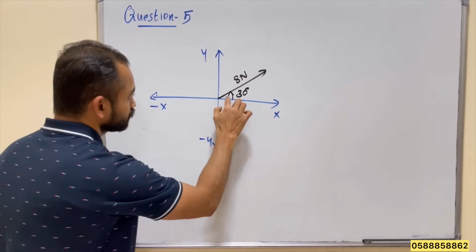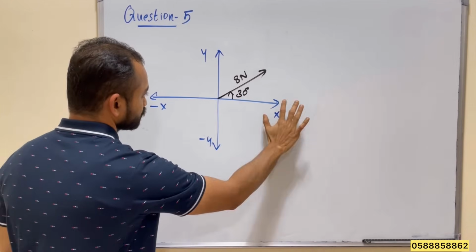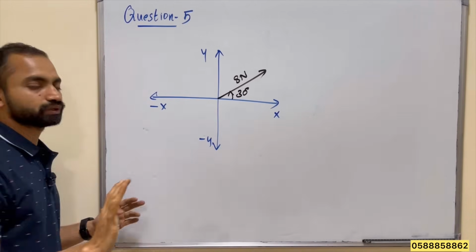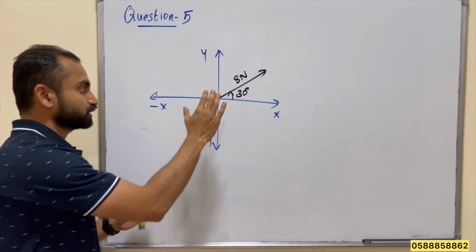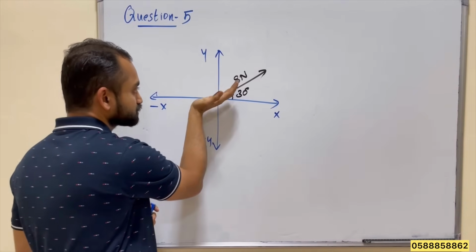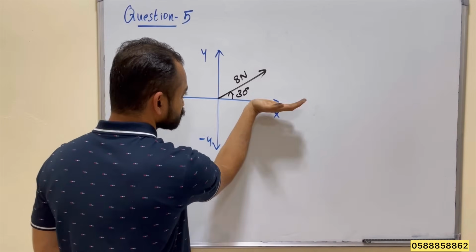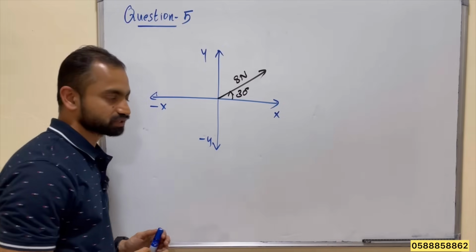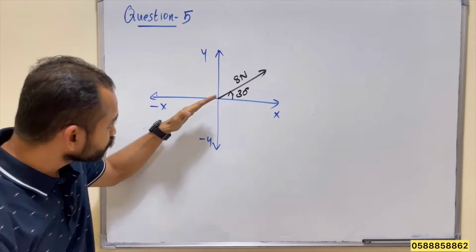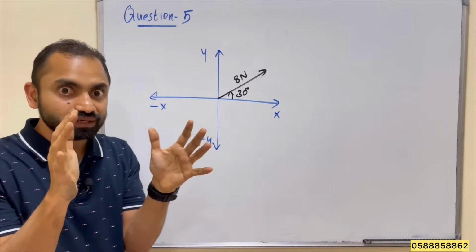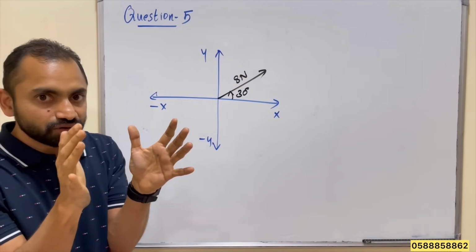These values on the x and y coordinates are not given. We know that this vector is in between x and y, right? It is not along the x direction, not along the y direction. So this 8 Newton force is acting in between x and y.